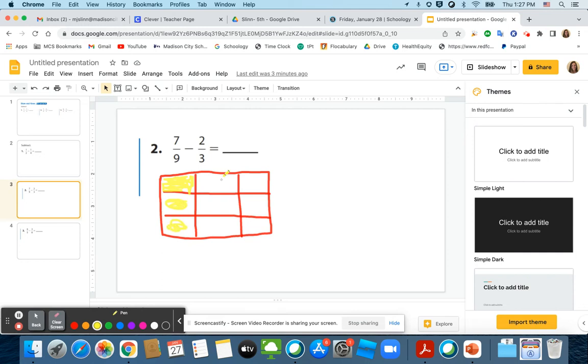So she served 7/9 of the pizza: 1, 2, 3, 4, 5, 6, 7. This is what she served to everybody, 7/9.